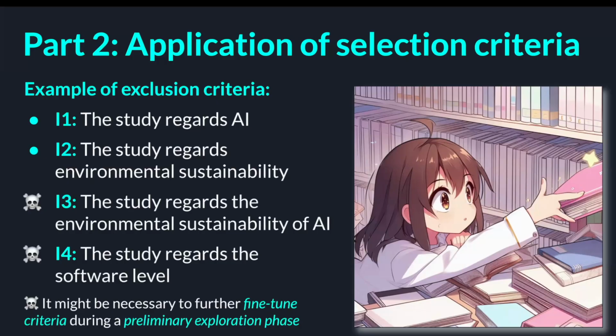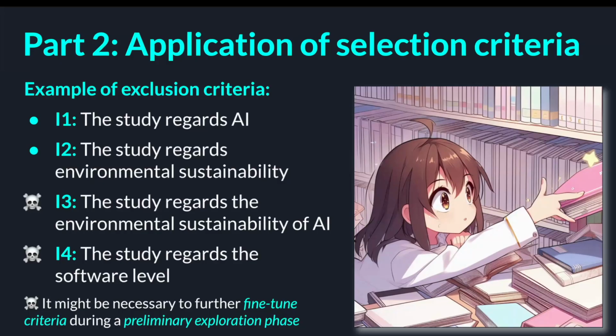And this was after we had already looked at 100 papers. It's like, oh no, we have to go back and do this all from the start again. So as a general advice, it might be necessary to fine tune these inclusion criteria to find really what you're looking for. And what you're looking for, you might understand only while you're doing this preliminary exploratory phase.